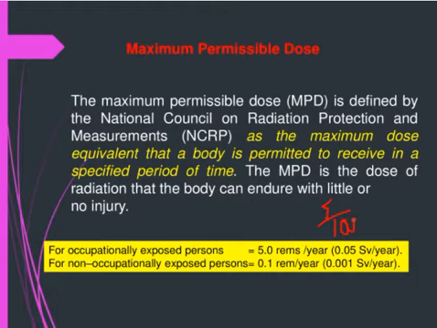You have 2 zeros here, so move the dot two places, and that gives the sieverts per year. So an occupationally exposed person, like a person working in a dental radiology unit, can have a maximum of 5 rems per year or 0.05 sieverts per year.